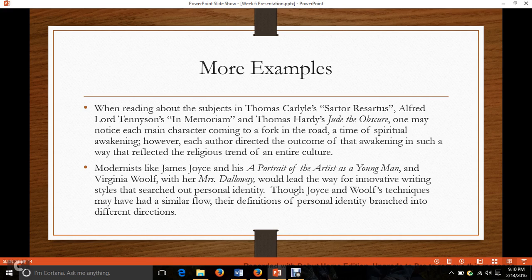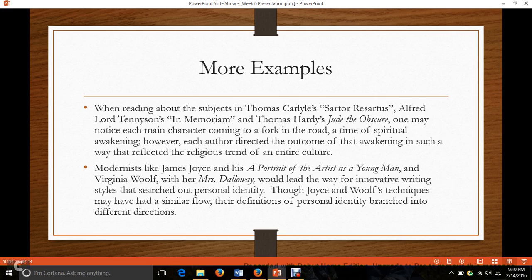And then the last one, modernists like James Joyce and his Portrait of an Artist as a Young Man, and Virginia Woolf with her Mrs. Dalloway, would lead the way for innovative writing styles and search out personal identity. Joyce and Woolf's techniques may have had similar flow, their definitions of personal identity branched in different directions.